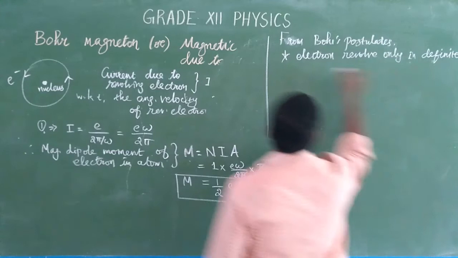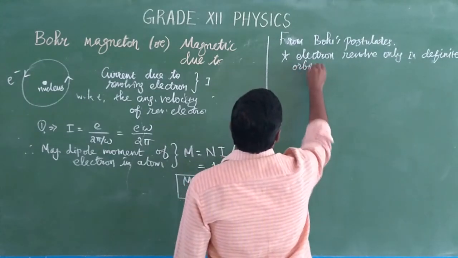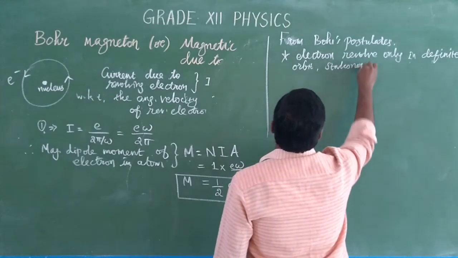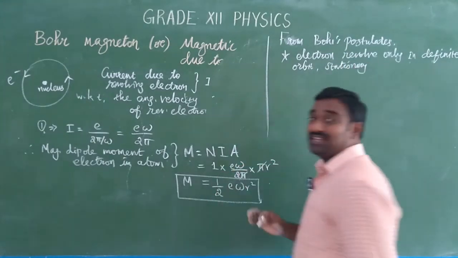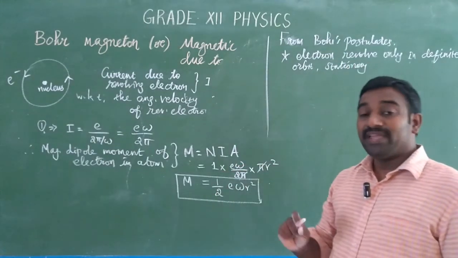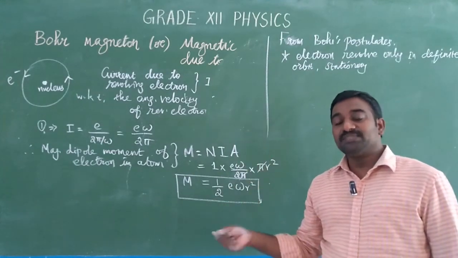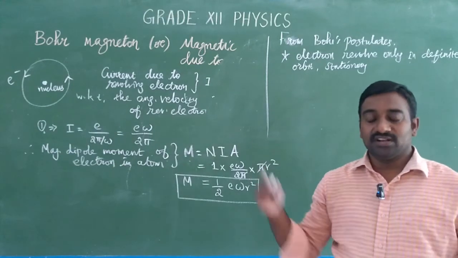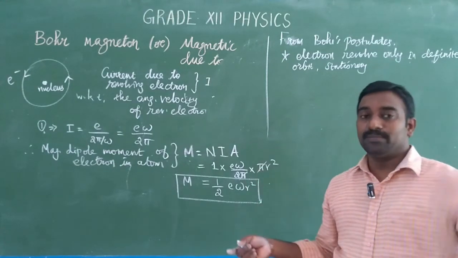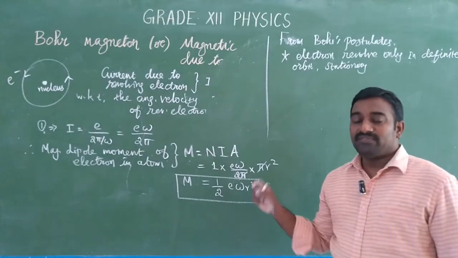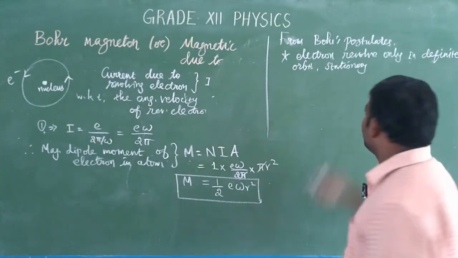The electron can revolve only in the definite orbit, that is called a stationary orbit. While it revolves in the particular stationary orbit, it does not radiate any energy. So when does the electron radiate energy? When a transition takes place from one orbit to another orbit, when the electron jumps from its orbit to another orbit, it radiates energy. We do not need that. So what is a stationary orbit from the first postulate of Bohr's theory?